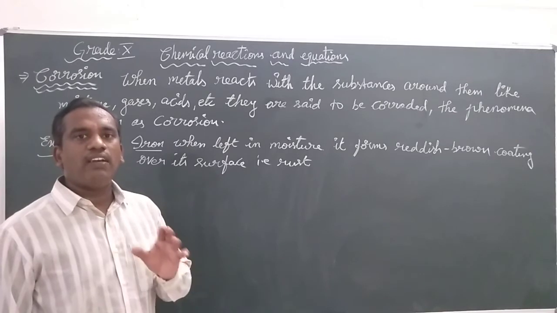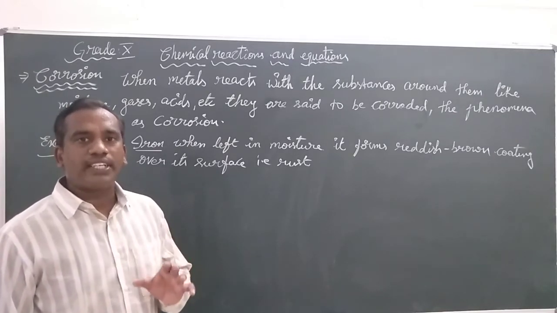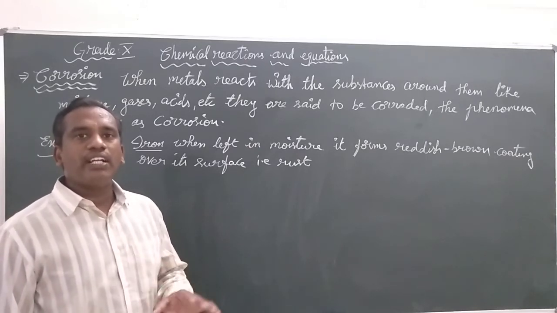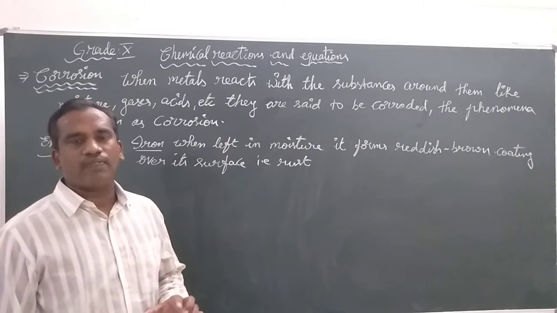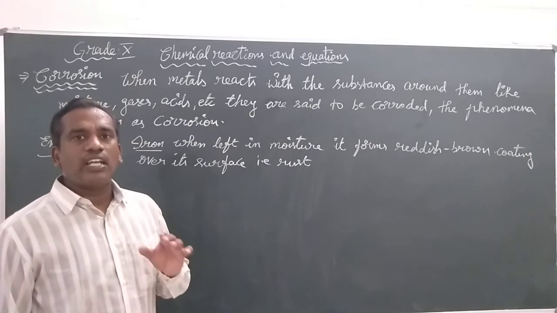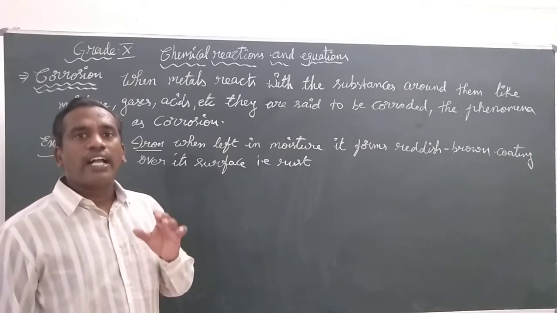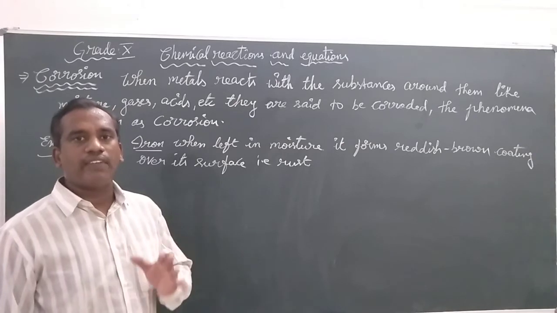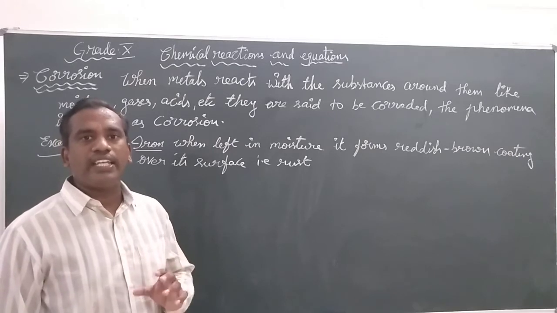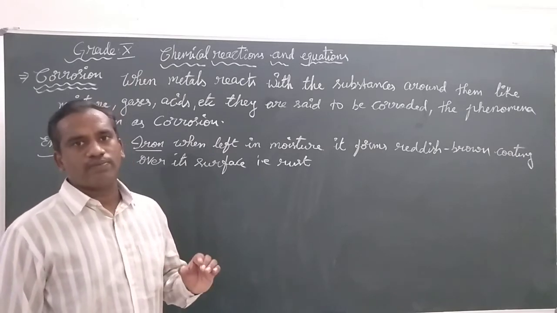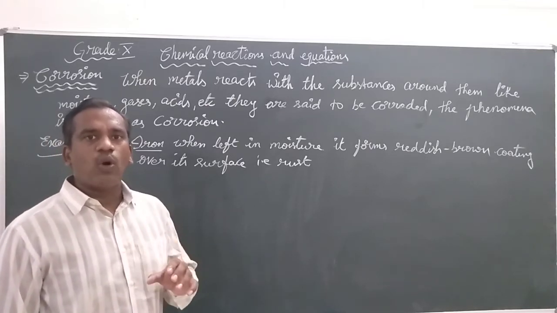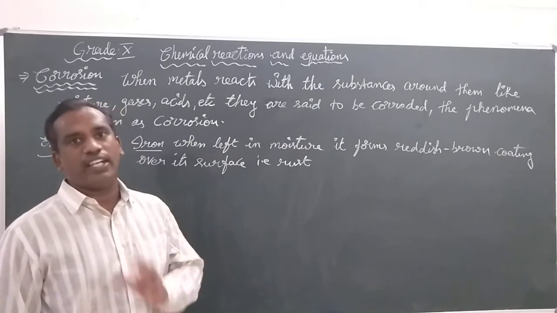Ultimately, the vehicle will be damaged on its surface or on any part of its body, leading to the damage of the entire vehicle. So, in an academic year, or in a year, there is an enormous loss for the constructions and the vehicles made with iron. Even the bridges that are made with iron are under corrosion. So, we are able to understand that corrosion is a process that is taking place around us.